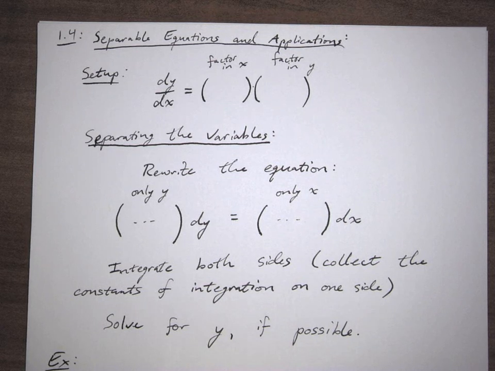So as a first example, let's just take something of the form dy/dx is equal to sine x over y. Okay, so what we have here is separated out already on this side into a part that involves only an x and a part that involves only a y.